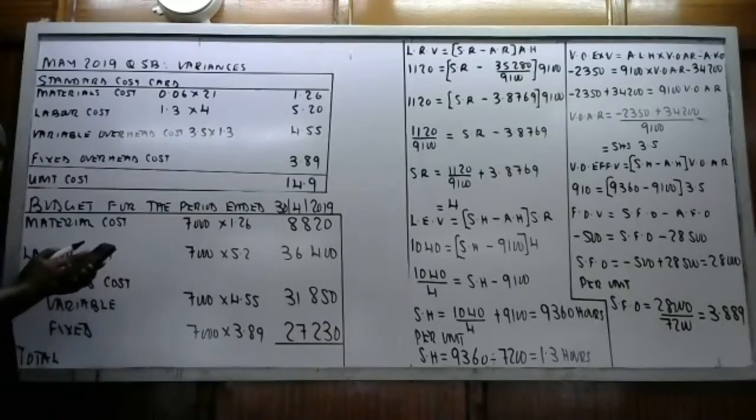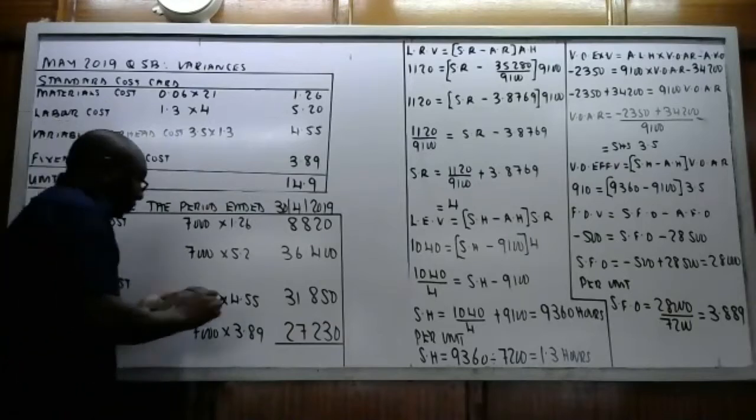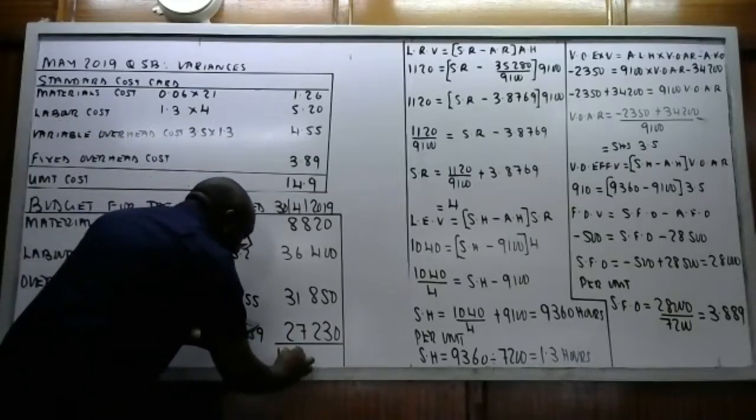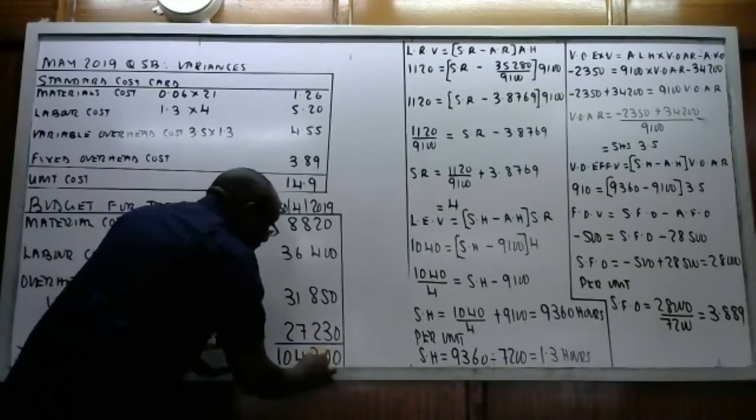So plus that 31,850 plus that 36,400 plus 8,820 is 14,300.